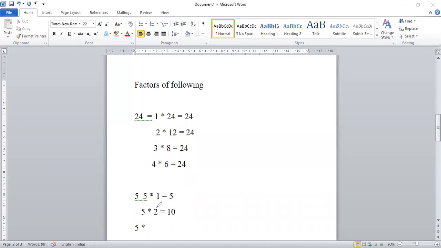Multiple itself is a number of that table. So I'll write here, multiple of number, so you'll not get confused. Okay, so 5 twos are 10, 5 threes are 15, 5 fours are 20, 5 fives are 25, 5 sixes are 30, 5 sevens are 35, 5 eights are 40, 5 nines are 45, 5 tens are 50, 5 elevens are 55, 5 twelves are 60, and so on.